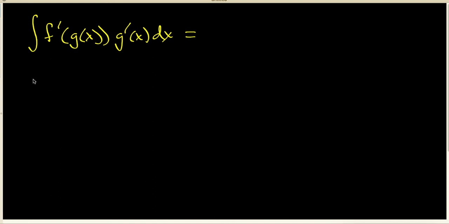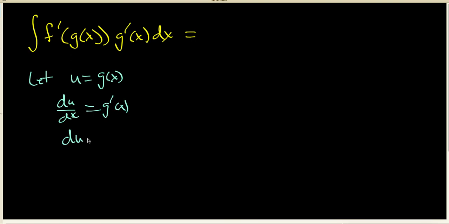I'm going to let u be equal to g of x. Then du dx is g prime, and converting that into differential notation, du becomes g prime times dx.